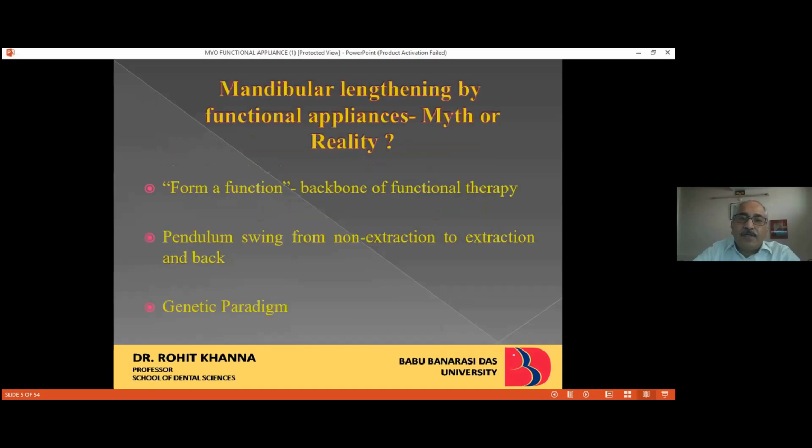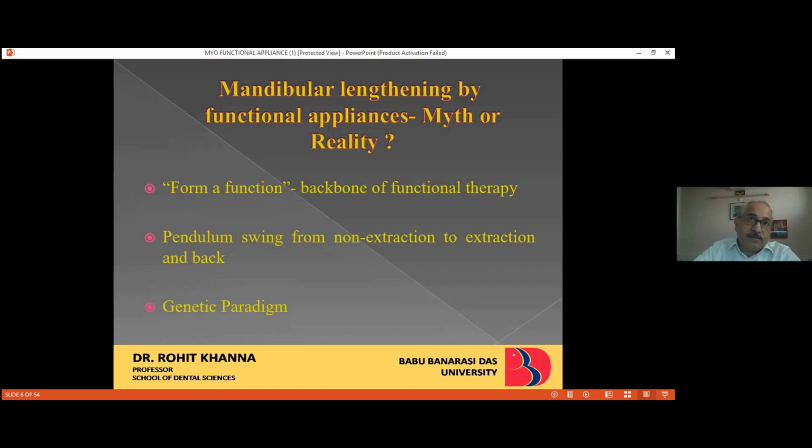Now, mandibular lengthening by functional appliances, is it a myth or a reality? It is very important to know that form and function are the backbone of functional therapy. That is, function governs the form, not the form governing the function. There is a pendulum swing from non-extraction treatment to extraction and then back.